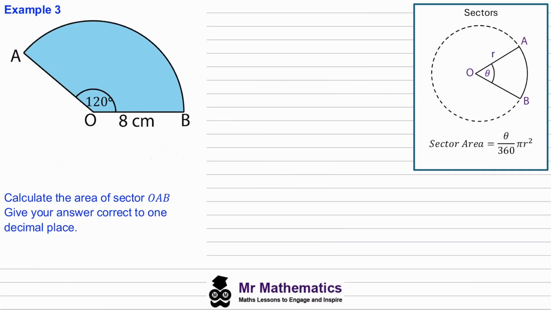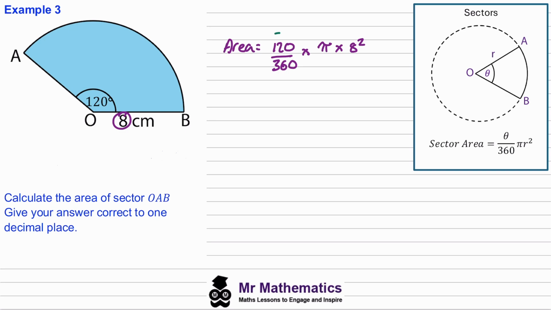So for example 3, we're given the sector with radius 8 centimetres and the angle 120 degrees. We need to find its area to 1 decimal place. So perhaps you want to give this question a go yourself. So the area will be the angle 120 divided by the 360 degrees multiplied by pi multiplied by the radius squared, so 8 squared.